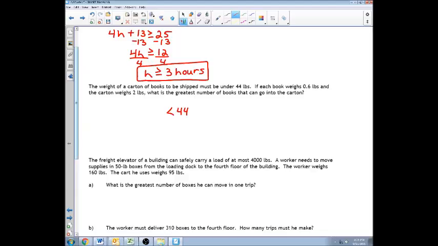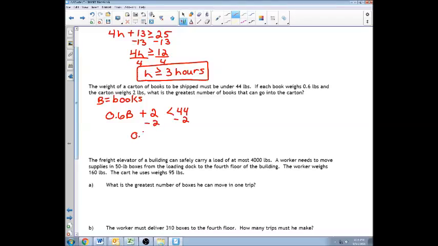Well, how can I figure out what the weight is of just the books? Well, I'm going to need a variable, so we'll make the variable b for books. It would be 0.6 times the number of books. How can I figure out the total weight of the carton and the books? Well, it would be the weight of the books plus the 2 pounds for the carton. I need to subtract 2, subtract 2.